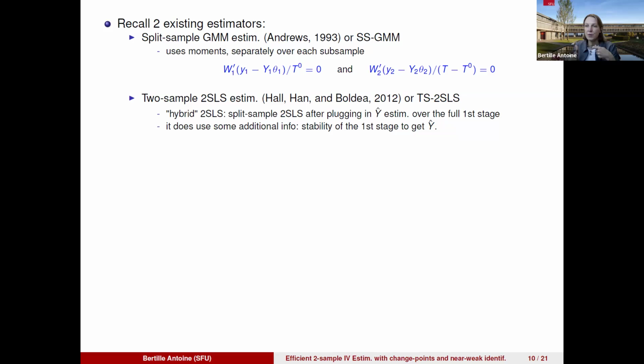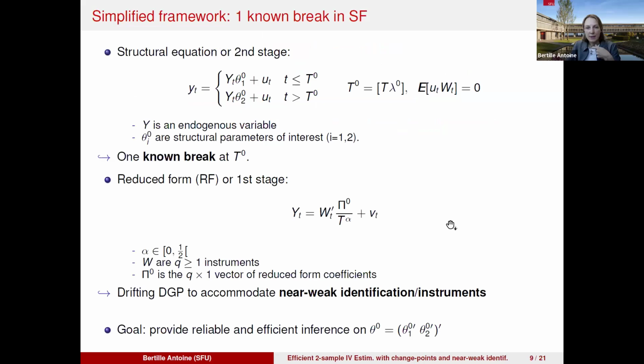So you are not cutting your first stage into pre and post break. You're using the full sample to get your y hat, your predicted endogenous variables, and then you plug them in the split sample. That's why I call it hybrid. It's full sample for the first stage, so you are using, to some extent, the stability, but it is split sample in the second stage.